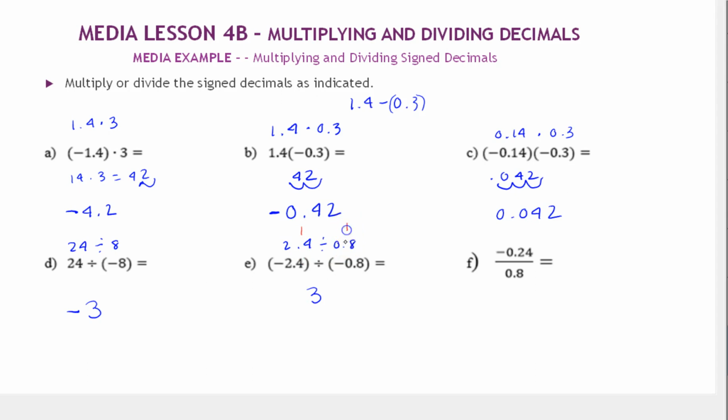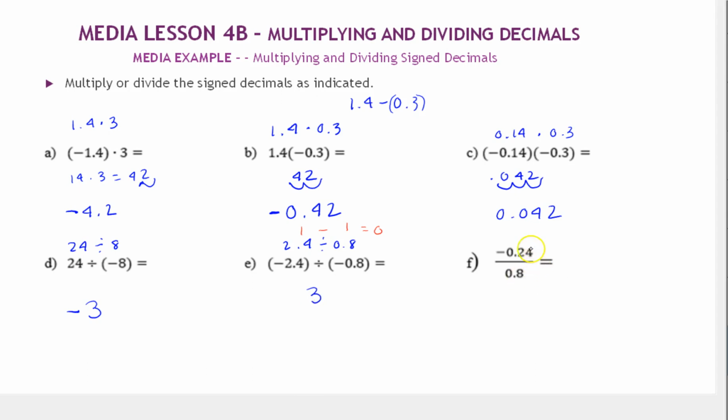This also has one digit after the decimal. So the difference is 0. So this result is 3. We don't have to move the decimal at all because it has the same number of digits after the decimal point in the divisor and the dividend. Now since both of these were negative, a negative divided by a negative is positive, so 3 is our final answer.